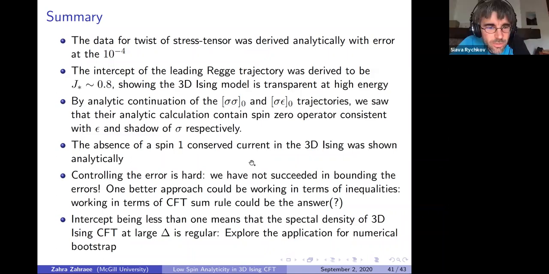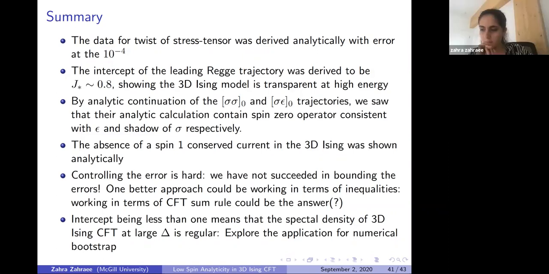Can you say a bit more about what exactly it means that the spectrum is regular? Right.